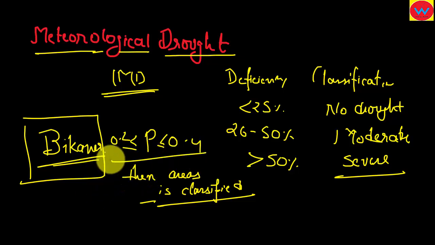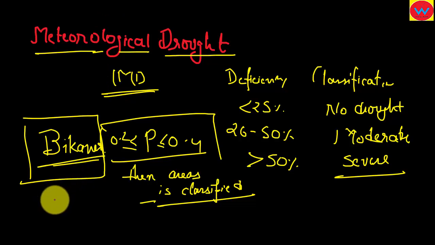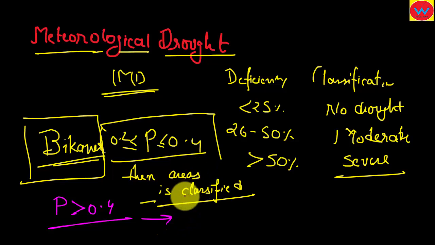Now if the probability of occurrence of drought in an area is greater than 0.4, if suppose P is greater than 0.4, then this is called a chronically drought prone area.